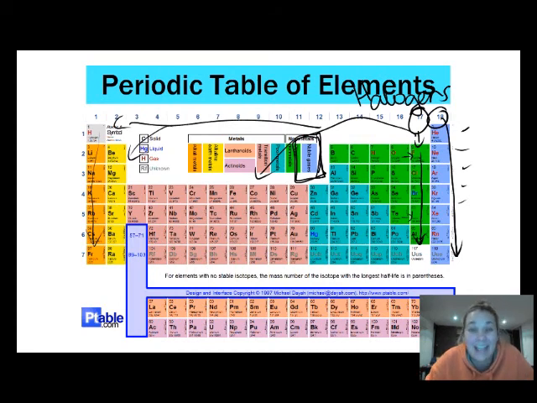It doesn't really want to gain anything because it's already pretty happy. It's got everything that it's got. They are all gases at room temperature and they're inert. And all that inert means is that they're unreactive. So the noble gases that we have over here are pretty different to our alkali metals that we have in group 1. And that is our periodic table.